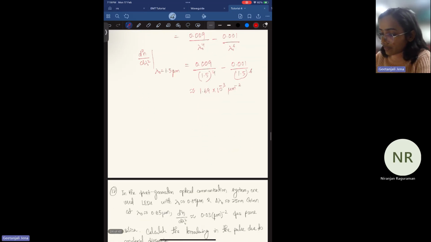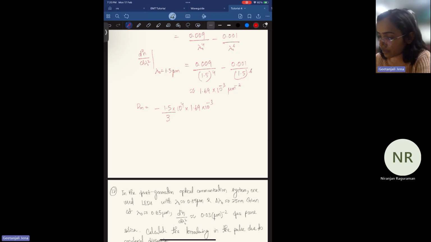So that means we now have Dm as minus lambda 0, which is 1.5, by c, which is 3, and we have to multiply it with 10 to the 4 so that we can get a value in picosecond per kilometer nanometer. And d square n by d lambda square is 1.69 into 10 to the minus 3.